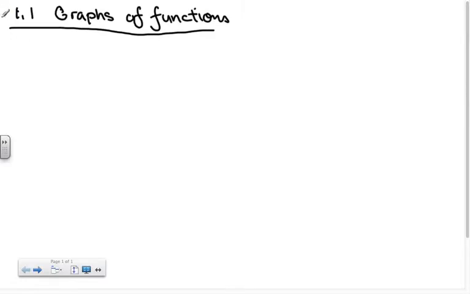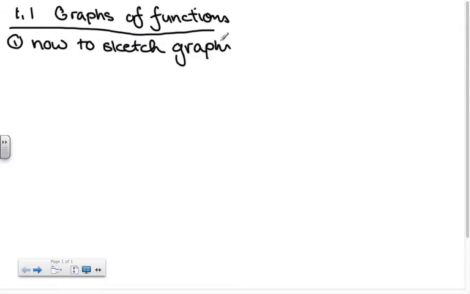So we have a few objectives. Today we want to learn how to sketch graphs. Second thing we want to learn is how to find x and y intercepts.